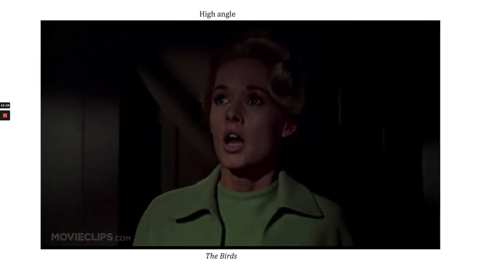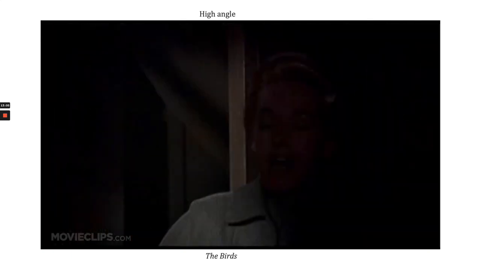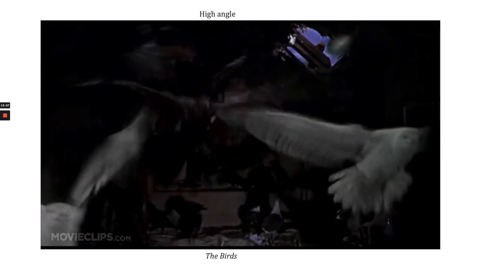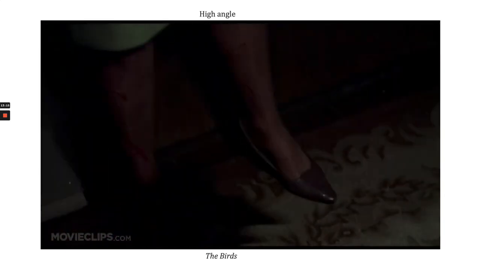A point of view shot, we see her and then we see what she sees, and the birds start to attack her. And then another high angle shot looking down on her to show her weakness, to show her vulnerability, making us feel weak and vulnerable as well.